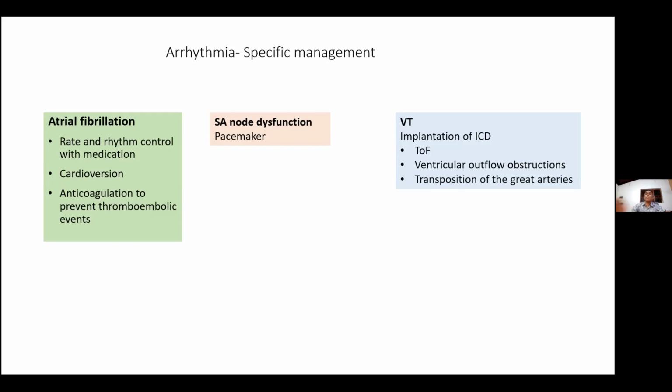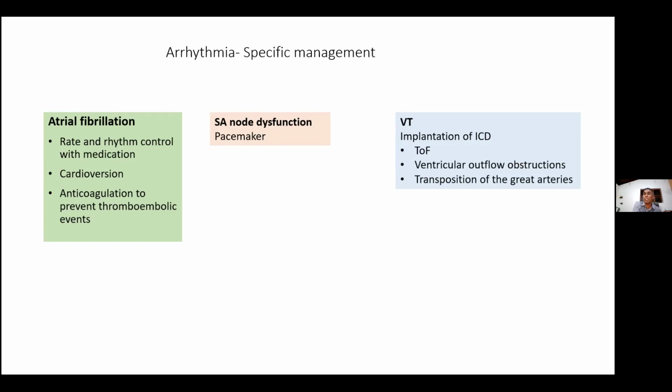If you think the patient had a significant arrest and was resuscitated once, they will probably put them on medications, but an ICD, implantable cardioverter defibrillator, will be the choice if we have the facilities to buy that one.